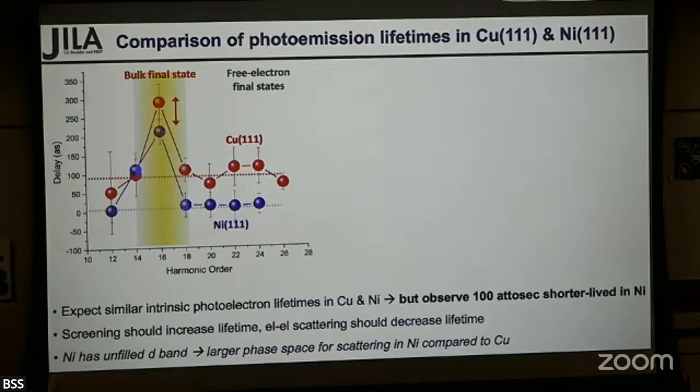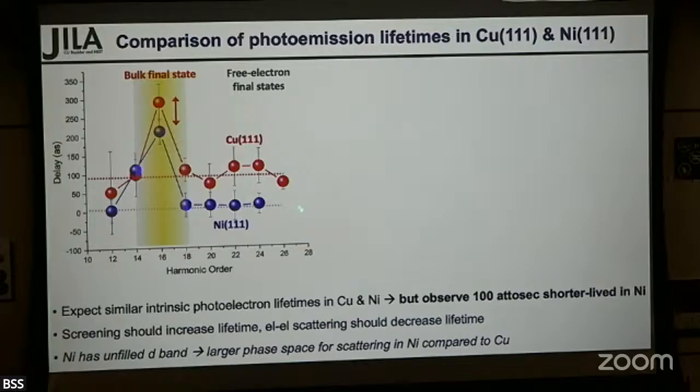And so basically, there's only two things it could be. It either had to be a difference in screening or scattering, as the electrons move around. So you expect the screening should increase the lifetime and scattering should decrease the lifetime.